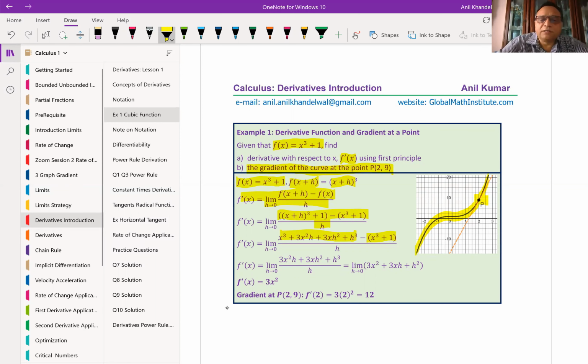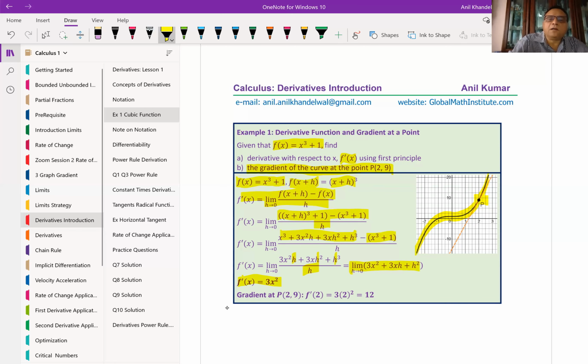All the terms have h, so take h common and cancel with the denominator. You get an expression where you can substitute h equals 0, and there you go. You get your derivative, which till now we were calling a gradient, or a rate of change, or instantaneous rate of change at places. So f dash x is 3x squared. That becomes the gradient of the curve.